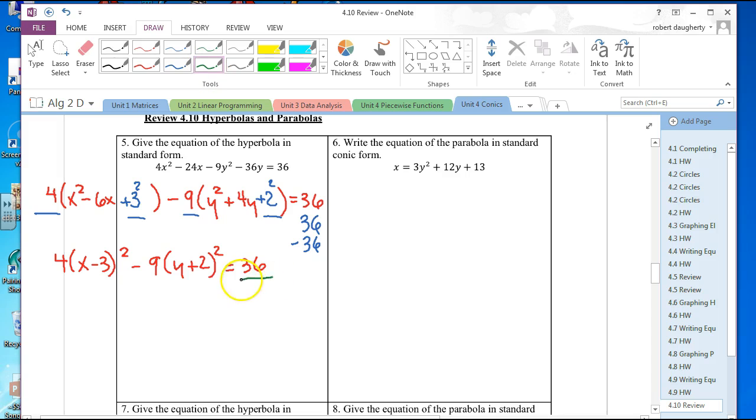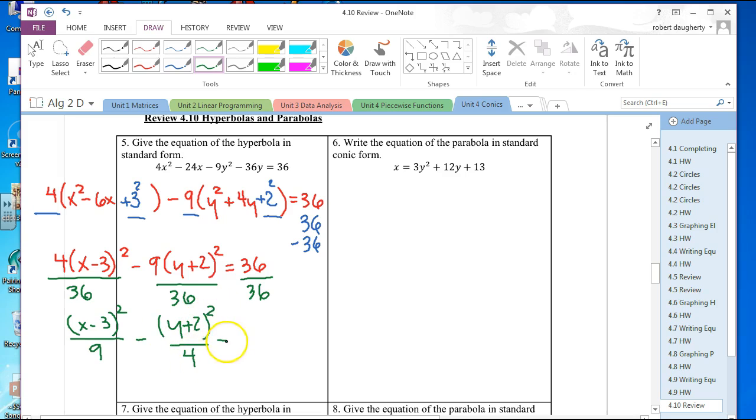For standard form, this needs to be equal to 1. Let's divide everything by 36. And you get x minus 3 squared over 9 minus y plus 2 squared over 4 equal 1. That's the hyperbola in standard form.